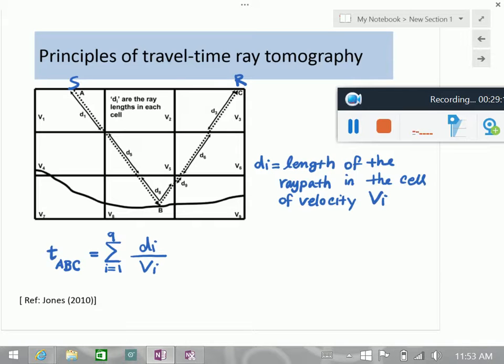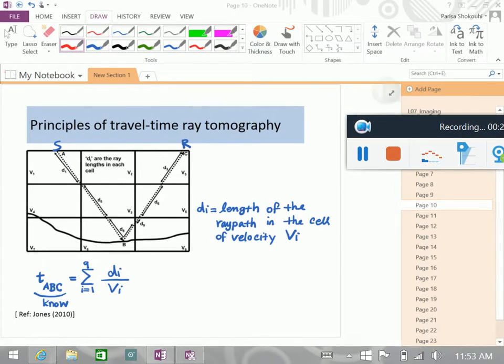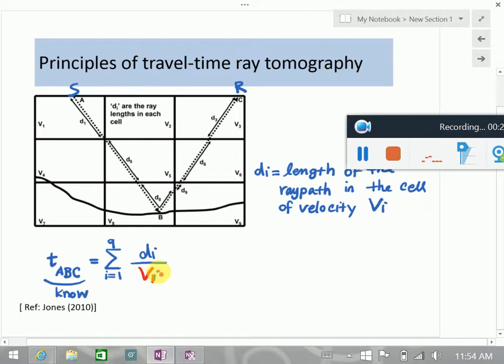What do we for sure know? What do we measure? T, right? This is what we know. Do we know vi's? This is what we are looking for. So how about di? If we know vi's, we know di's, right?